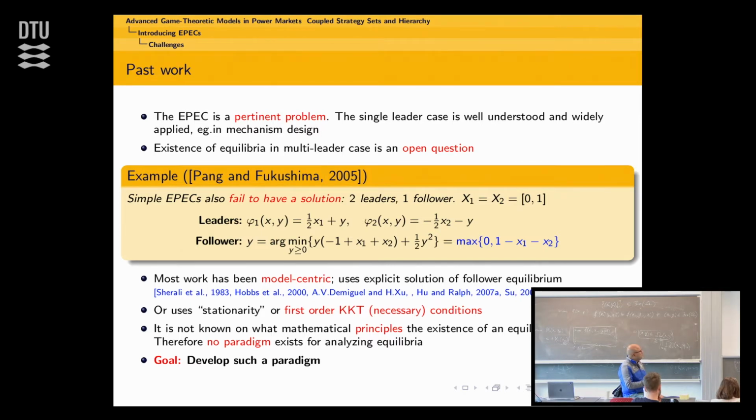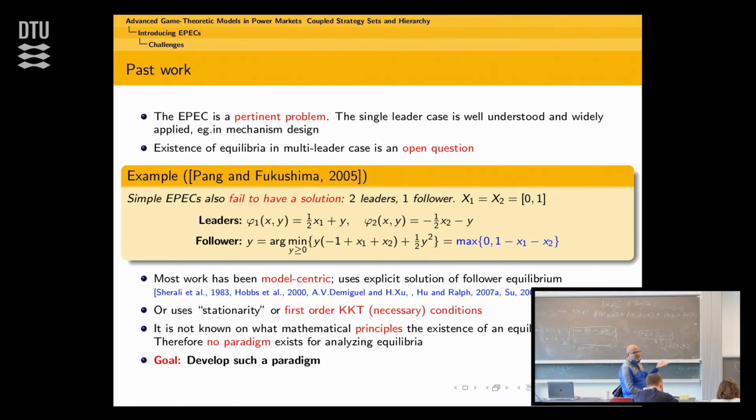And then Danny Ralph with Shimin, who looked at similar frameworks, and Chelin Su actually extended the work by Hanif Sharali when they looked at agent specific cost. There's also some related work by Utrata. We also have some existence results, which I'll point out at the end, but for a stylized problem.